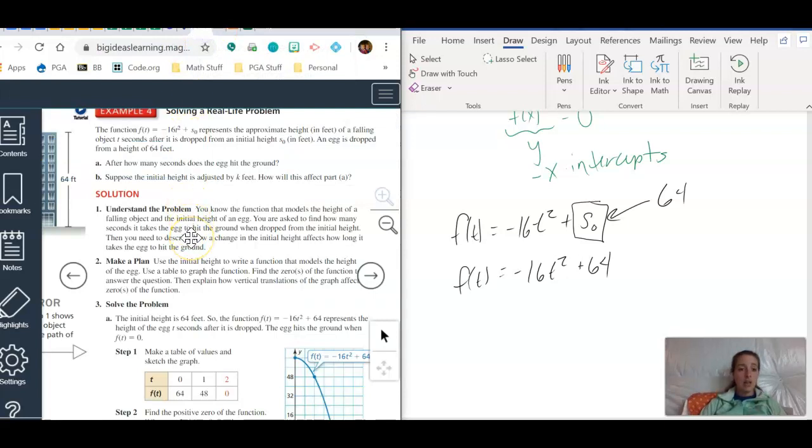Okay, so then the second piece, part B: suppose the initial height is adjusted by k feet. How will this affect part A? Just think about this as a person first before you think about it mathematically. If the building is taller, I would assume that the egg would take longer to fall.